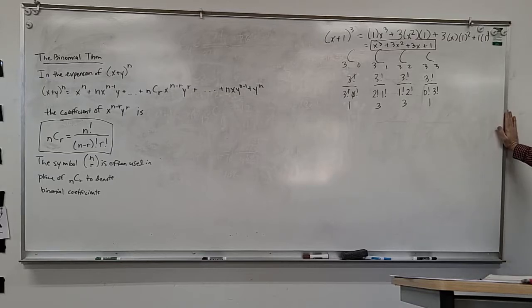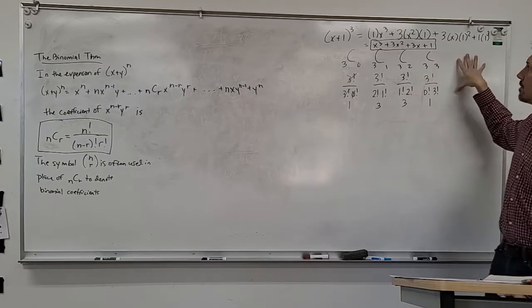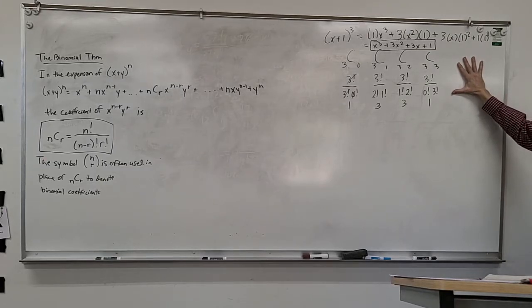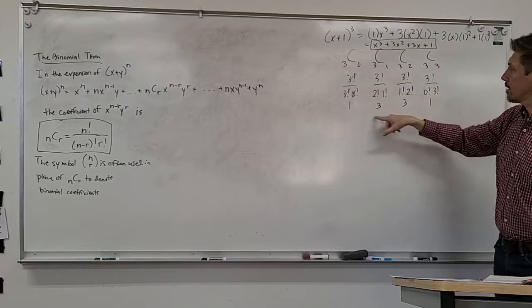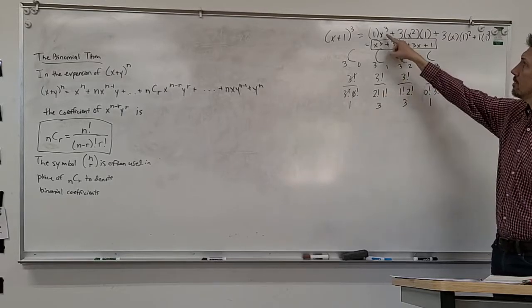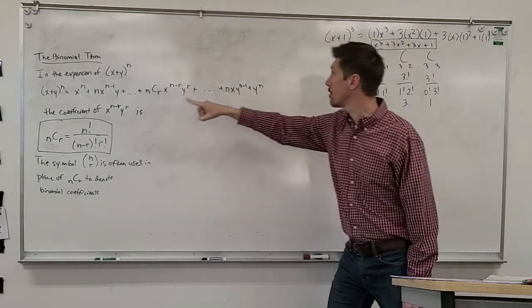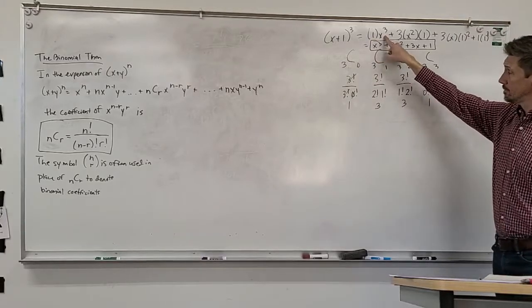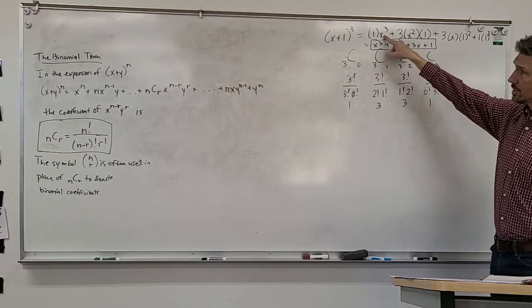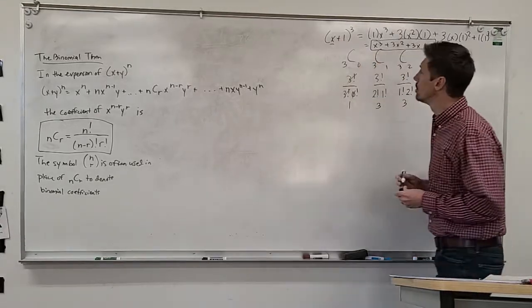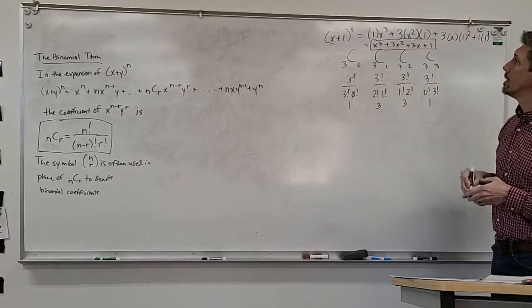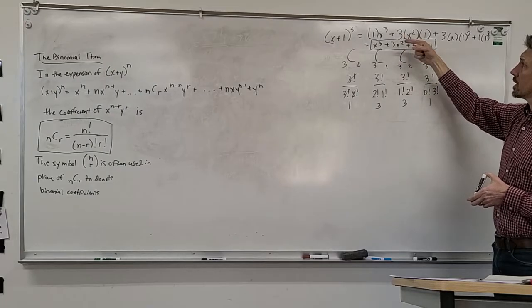So just to make sure that everybody's following what we did there, we had to figure out our coefficients first, and then we had to do this according to the pattern that we have right here. So we had x cubed. Start with just the first term in our binomial and raise it to whatever the power is. Then the next time we have x, but it goes down 1 power.